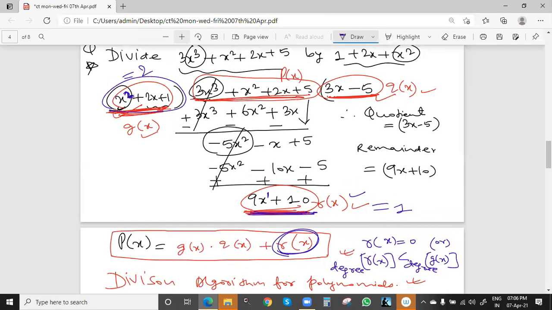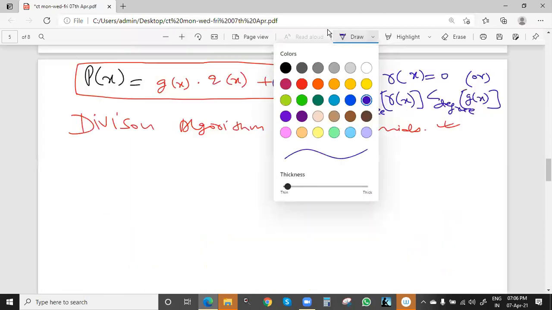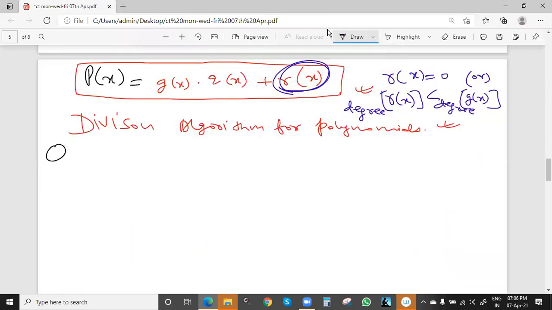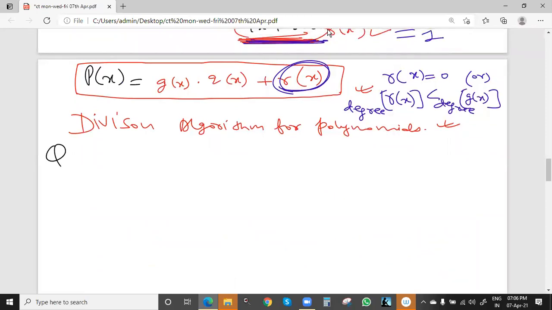Now I'll take one more question based on this concept. In this, the divisor and dividend are polynomials only, and the quotient and remainder we also get as polynomials.